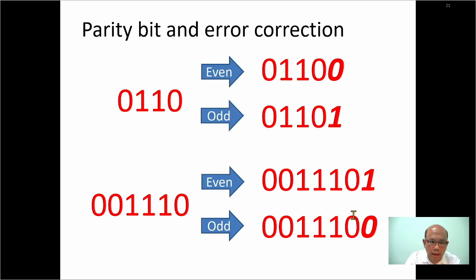Now suppose I have the data 0 1 1 0 and I change it to even. It is already even, so I append 0. And with 0 1 1 0 as input, to change it to the odd form, I append 1.